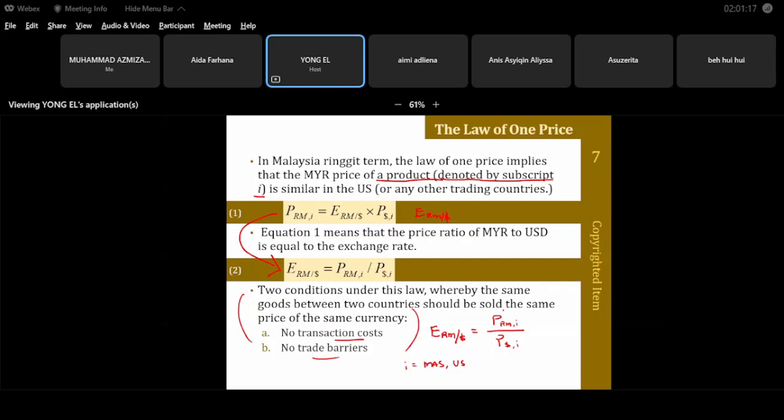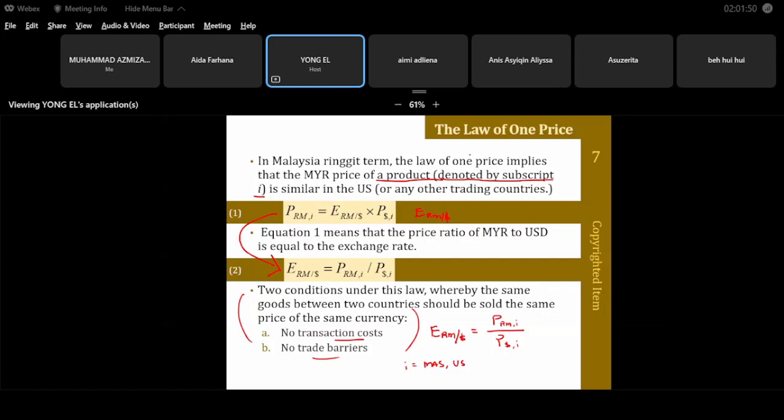Can anyone tell me whether the price in Malaysia decreases or increases, that will generate a higher purchasing power for Malaysian ringgit? The price increases or decreases. My question is very simple. I'm asking whether the price in Malaysia increases or decreases in order to make the purchasing power of Malaysian ringgit stronger.